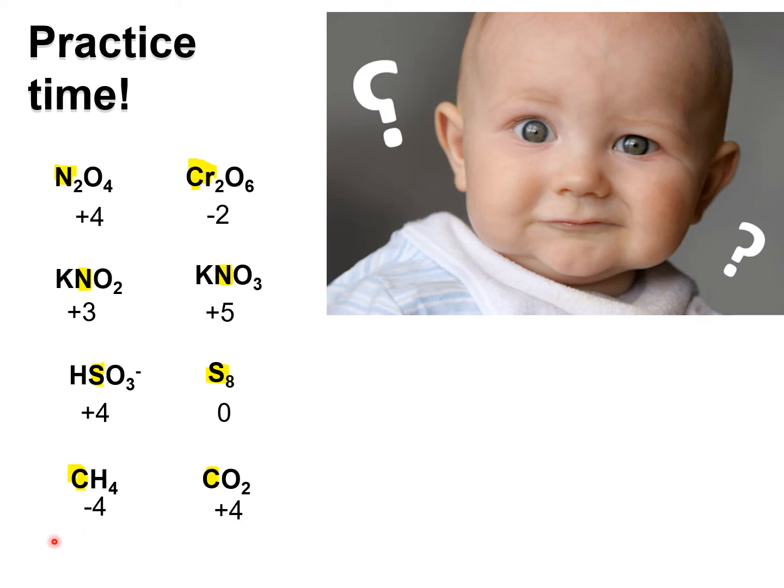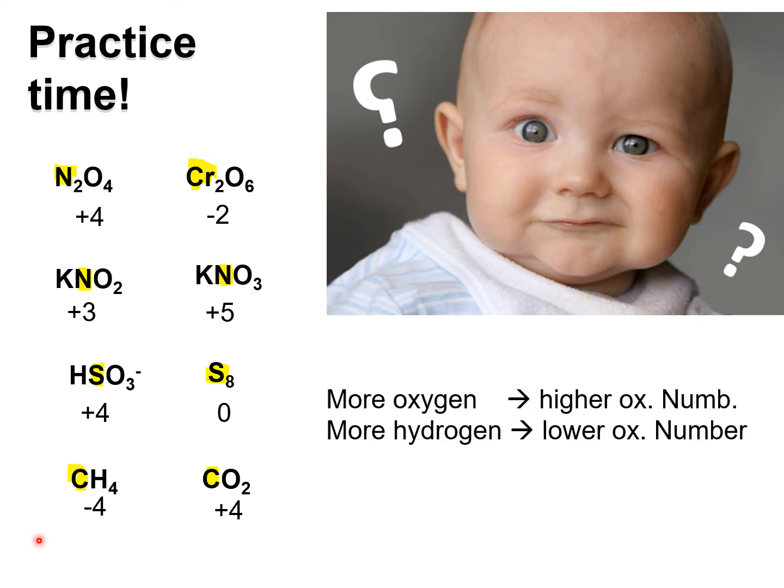These are kind of the two extreme oxidation numbers that you can find for carbon. So you can get those two numbers and any numbers in between those. It's an interesting pattern, because the more oxygen, the higher the oxidation number. Between oxygen and hydrogen, a lot of oxygen means a high oxidation number, like in CO2, and a lot of hydrogen means a lower oxidation number, that is -4.